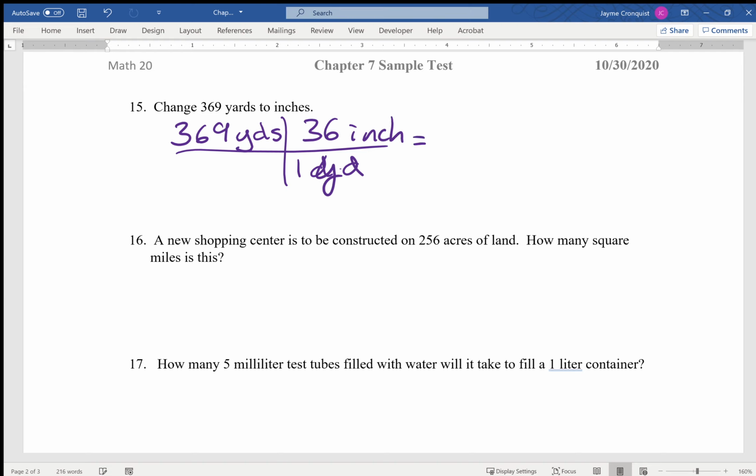So 369 times 36, we have 13284. So 13,800, no, 13,284 inches.